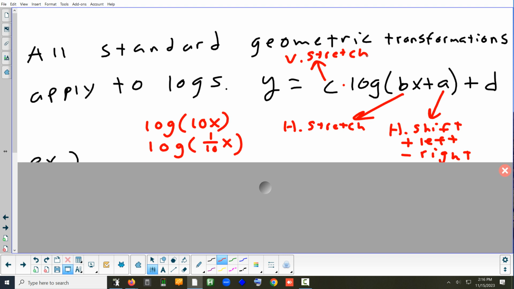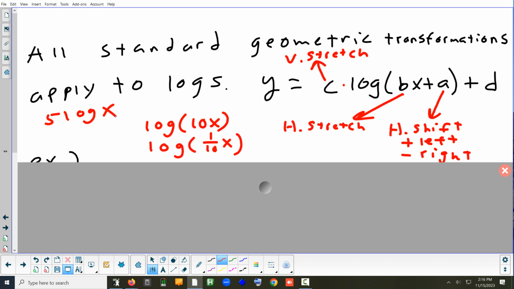If you put in a small number for C, it compresses it smaller. Isn't it less than or greater than 1? Yeah, less than 1 or greater than 1. So if you do 5 log x, that's a vertical stretch by a factor of 5. If you do 1/3 log x, that's going to compress it by 3.